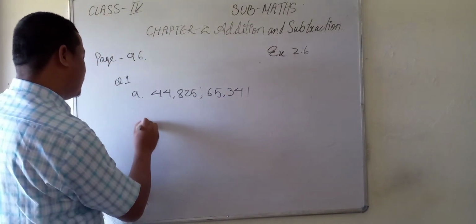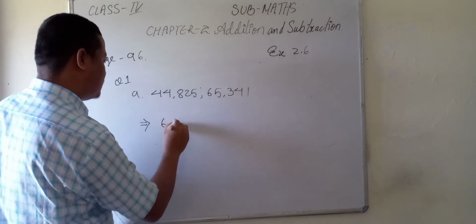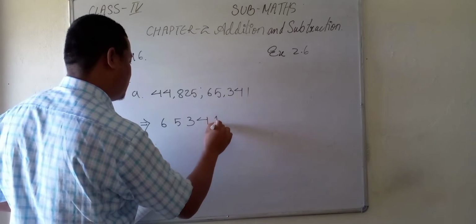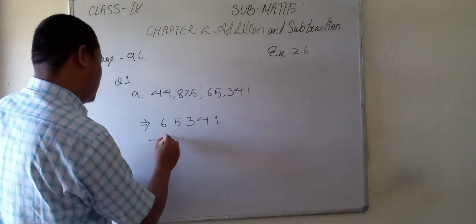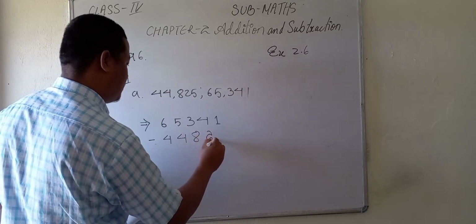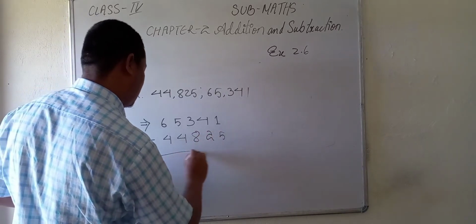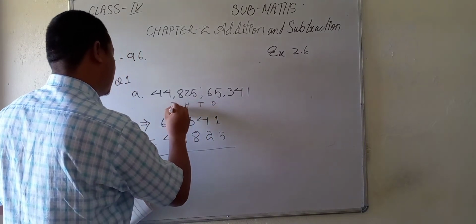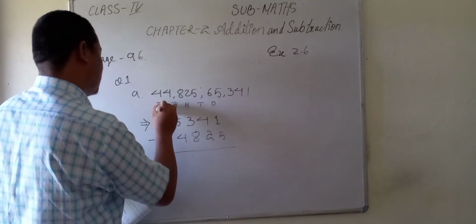We'll write this one first. 65,341 minus 44,825. Ones, tens, hundreds, thousands, ten thousands.